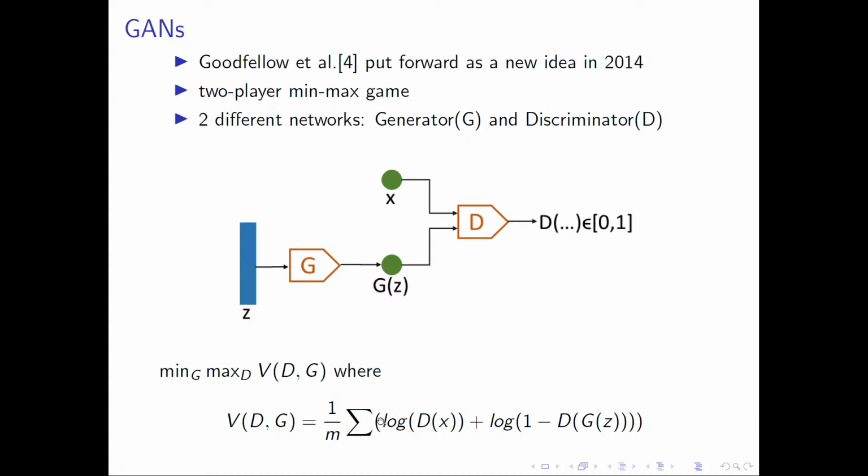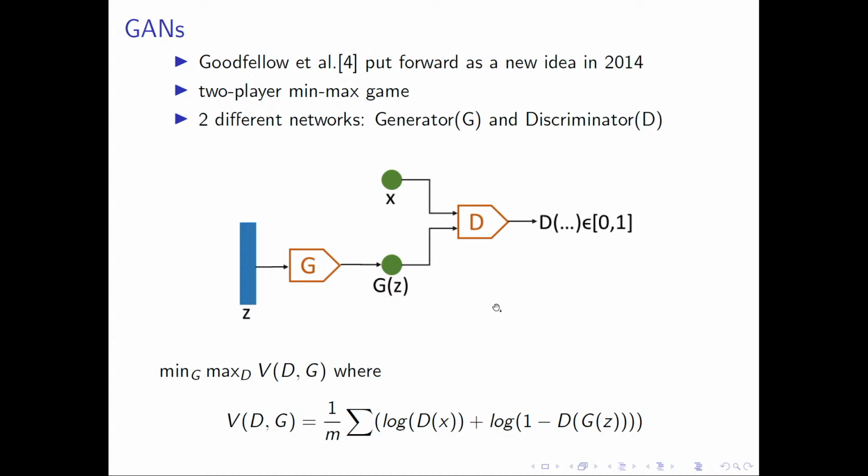Let's first check this value function and this objective function. We said that the discriminator wants to maximize this function and the generator wants to minimize this part of the function, but the other part is not important for the generator, so we can write it like that. So Goodfellow says this is a two-player discriminator and generator min-max game.